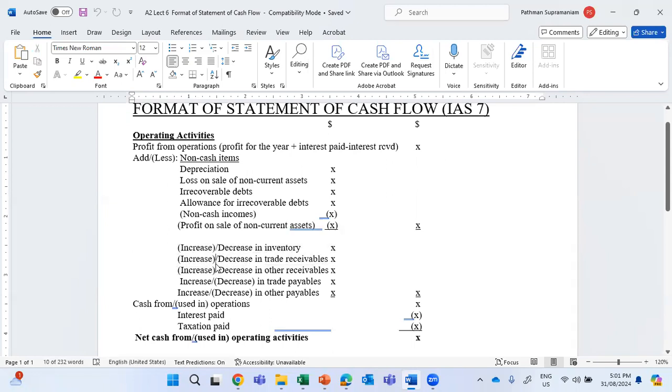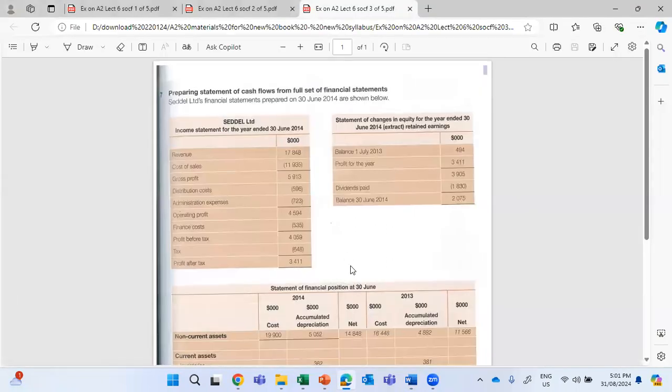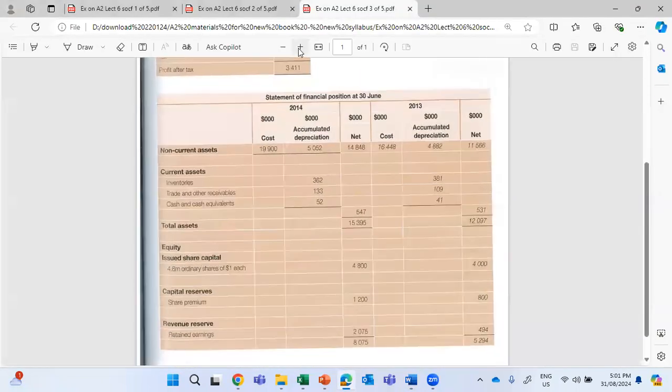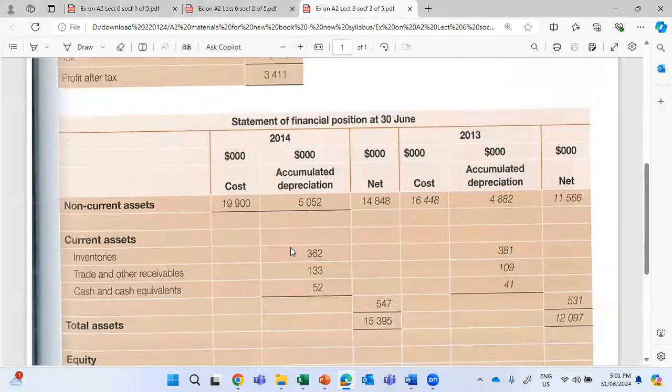So how to detect this increase or decrease? You'll be given two years of statements of financial position. As an example, you've got this year's SOFP and last year's SOFP. For example, can you see here, inventory? Last year, the inventory balance was 381. This year, it's 362.